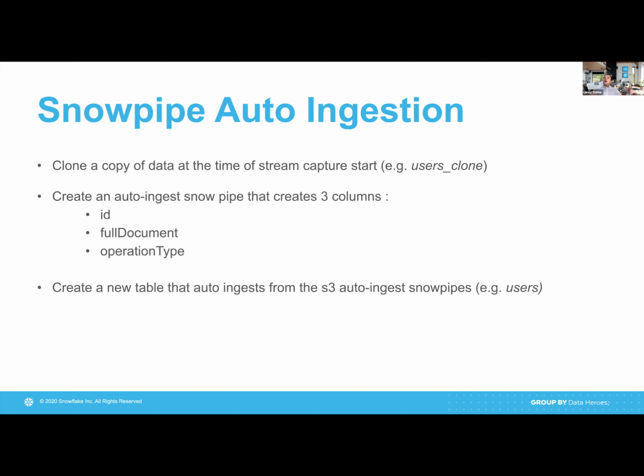And auto ingest pipes, of course, as soon as a new file gets created, we will ingest it into the new table. So now we have, again, a users clone table that has yesterday's data, and a users table that just has the changes, new changes, after that clone has been performed.